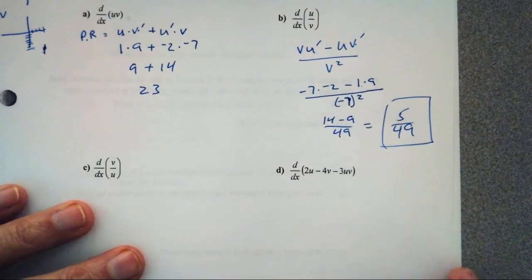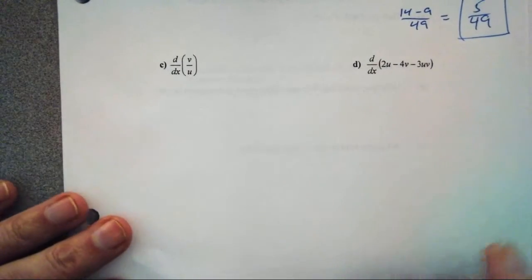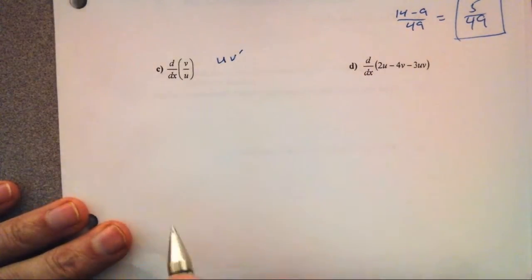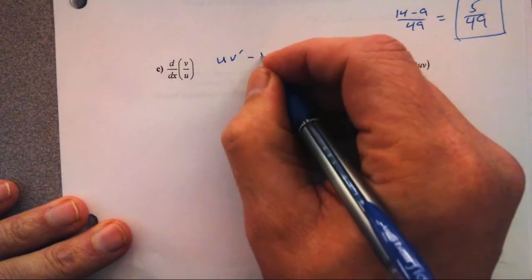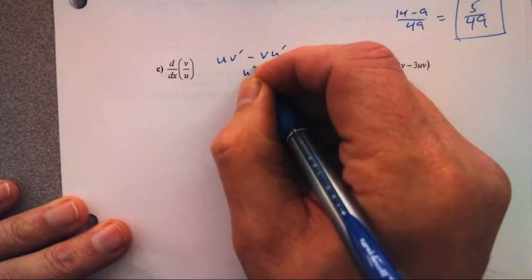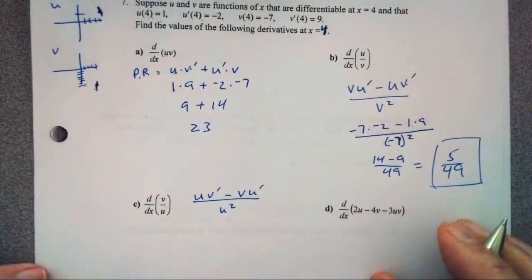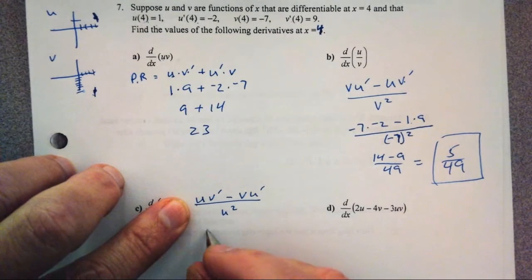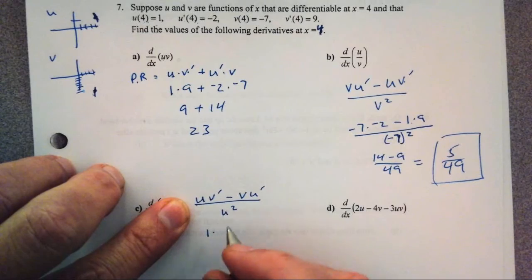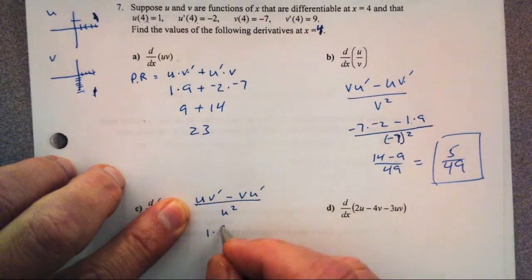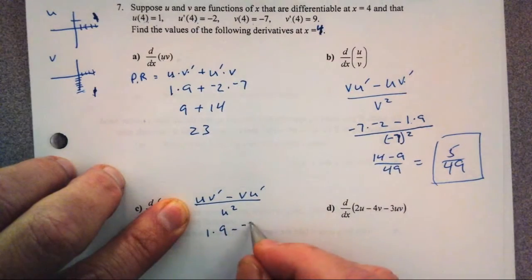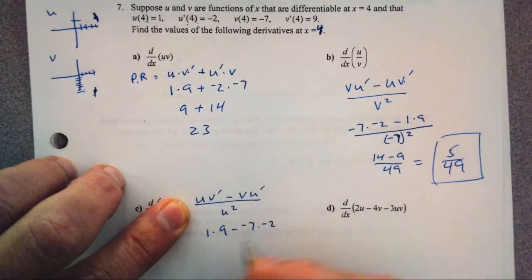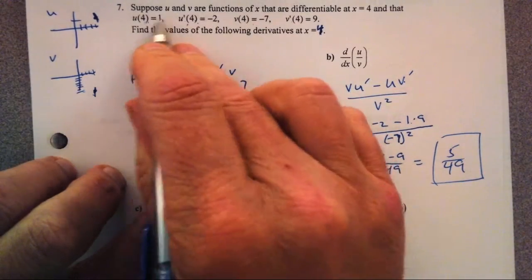All right, same thing, but now we are doing low d high, or v on u instead of u on v. Low d high minus high d low over the square of the thing below. So let's put in our values. Plain old u is 1, times v prime, which is 9, minus plain old v, -7, times the derivative of u, which is -2, all over plain old u squared.